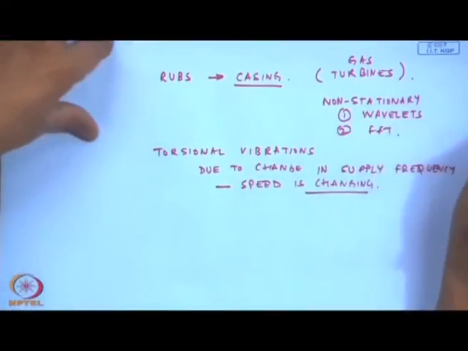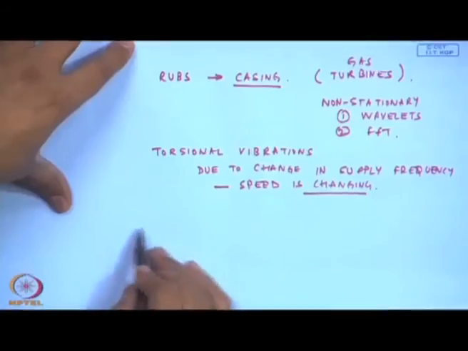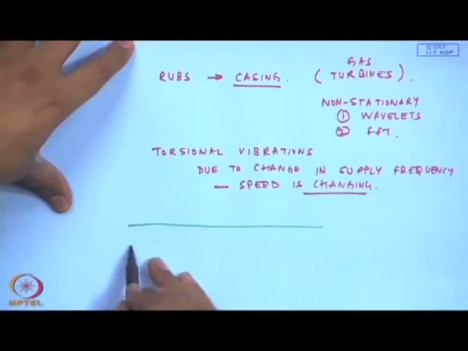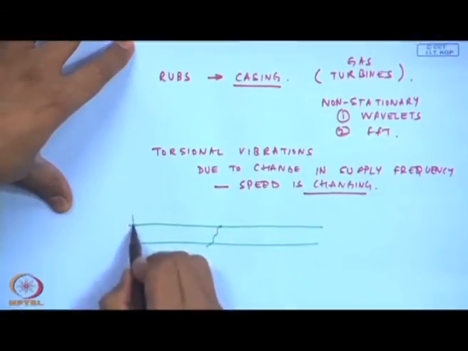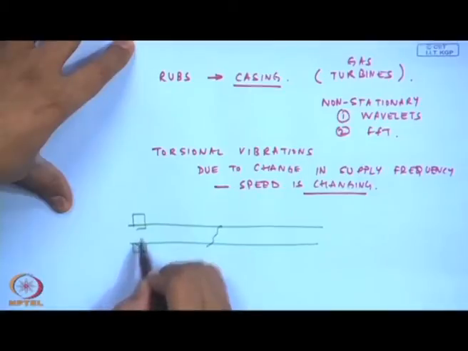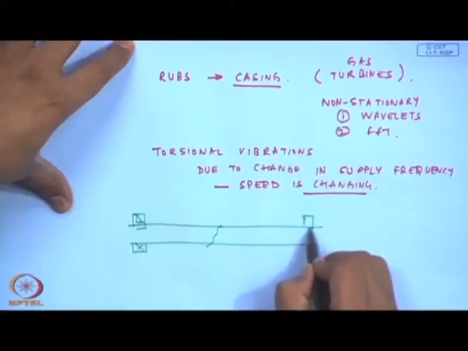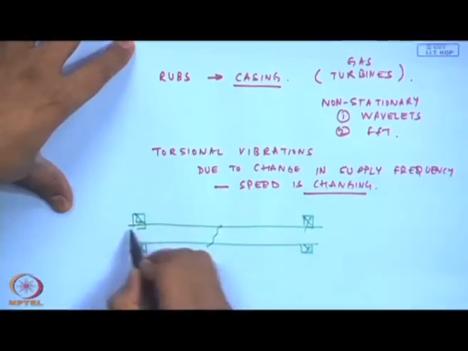Speed is changing. Okay. And I have seen many times, particularly crankshafts of large machines, structures failing because of such speed fluctuations.